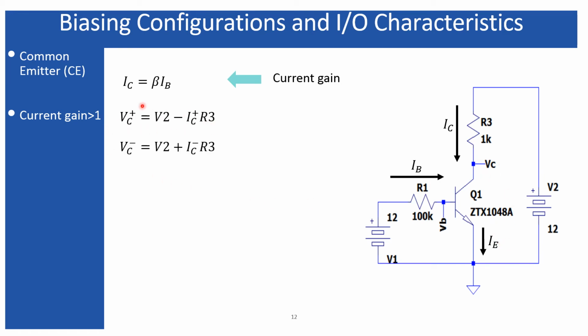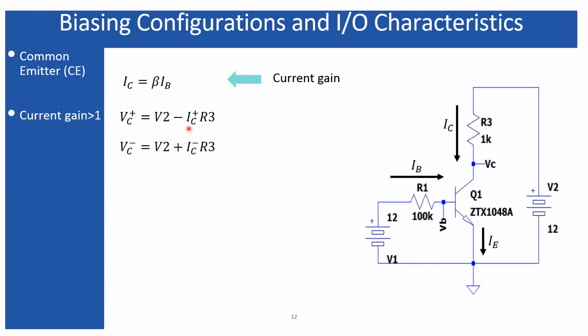You can take any one of them. Now VC plus I have considered here due to a current IC plus. IC plus means it is an incremental current around the Q point in a positive direction. But an incremental current in the positive direction just above the Q point will result in an incremental voltage around the Q point in the negative direction, because as IC increases, that value gets subtracted from here, and the resulting value will be VC, so VC gets decreased.